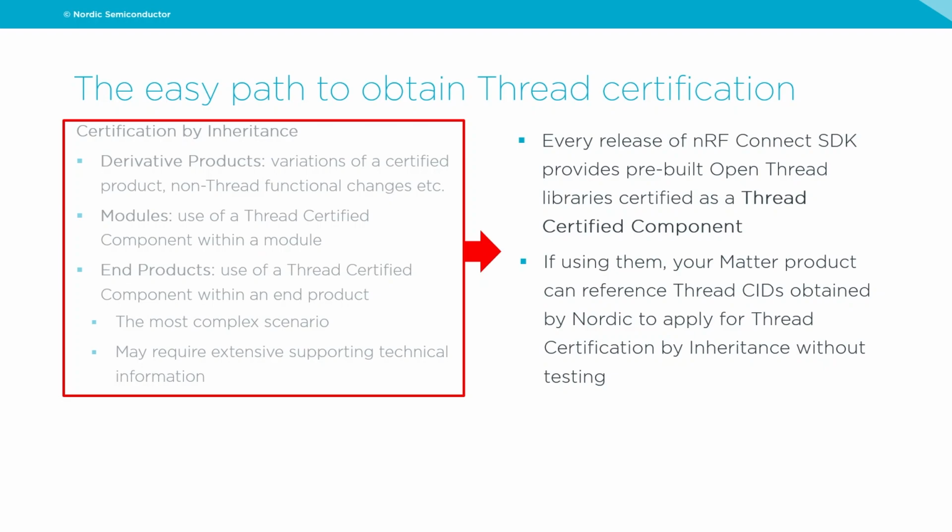If you use the Thread certified component provided by Nordic, your Matter product can reference Thread CIDs obtained by Nordic to apply for Thread certification by inheritance without testing. You can find more details in our documentation within nRF Connect SDK.